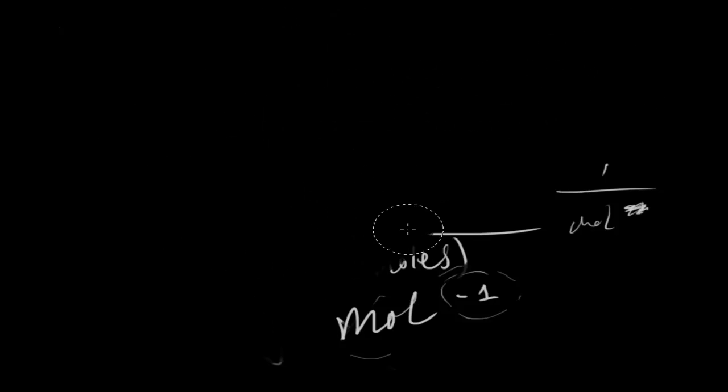Okay, so how is this useful? This is useful for linking mass and moles in a given problem or equation. Based on what I've explained so far, an equation we can write is molar mass equals mass over moles.